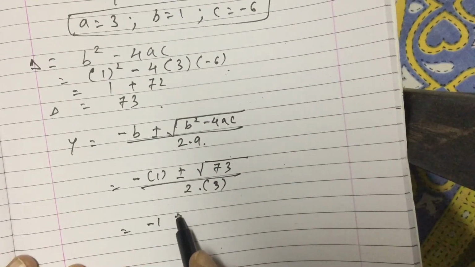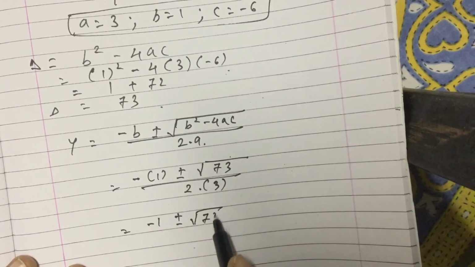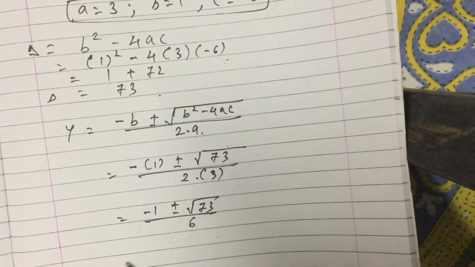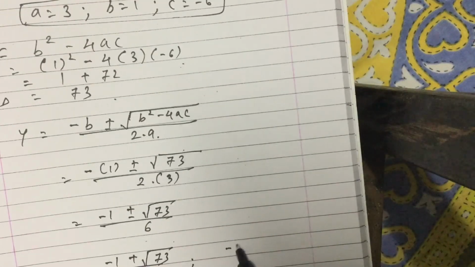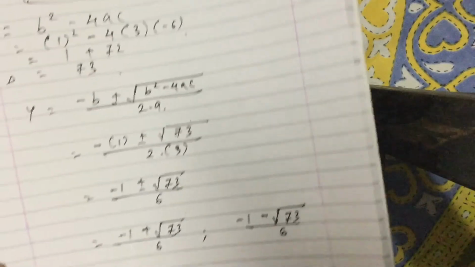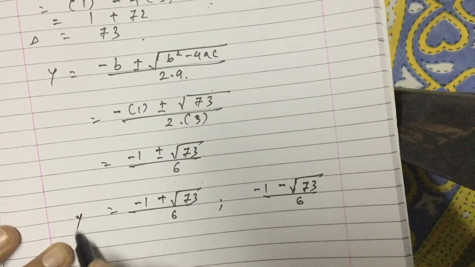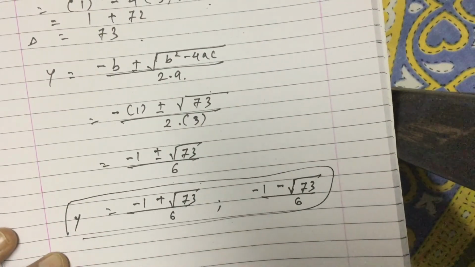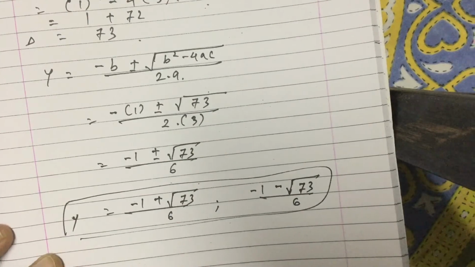So minus 1 plus minus under root 73 upon 6. So that is equal to minus 1 plus under root 73 upon 6 or minus 1 minus under root 73 upon 6. These are the values of the variable. One more question.